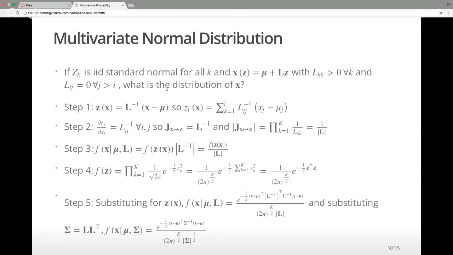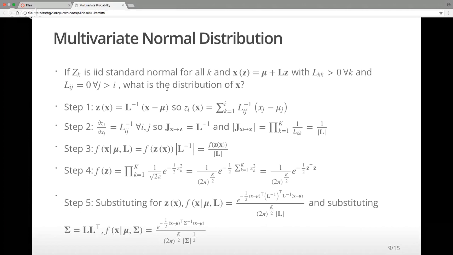And using our rule before that the determinant of sigma is equal to the product of these two determinants, which are the same, you can write that as the square root of the determinant of sigma in the denominator there. So this is the form of the PDF that you'll see most often in books when they're talking about a multivariate normal distribution. But both of these are equivalent. They're just parameterized in different ways. One in terms of L, the other in terms of L times L transpose, which is sigma.